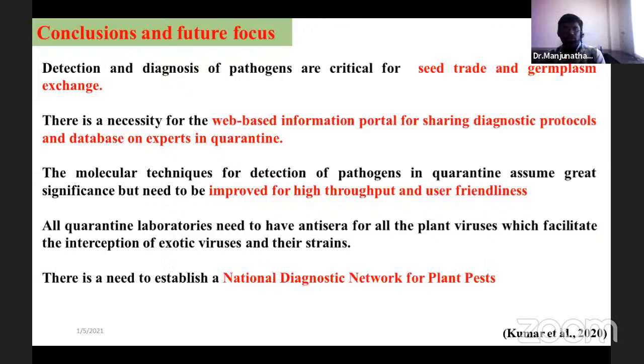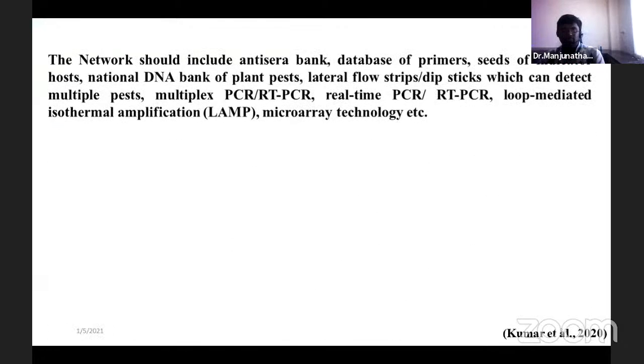Another important thing is the need to establish a national diagnostic network for plant pests. The network should include an anti-sera bank for serological tests, a database of primers for molecular methods, and seeds of indicator hosts for bioassays, for example amaranth.